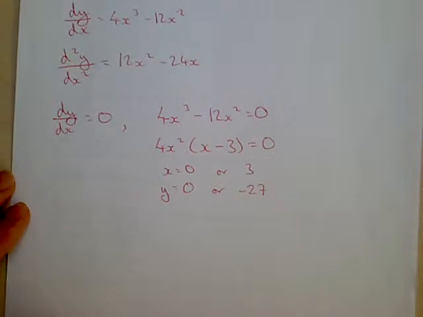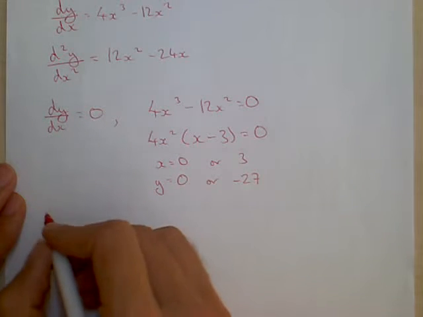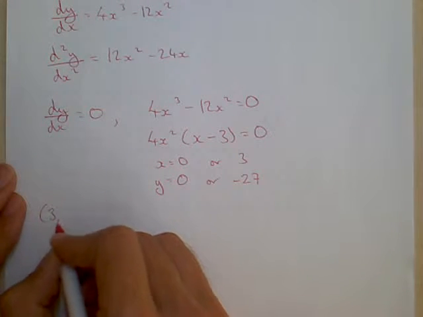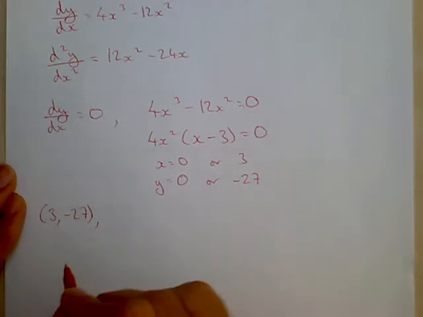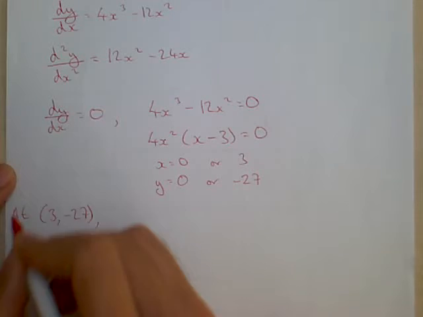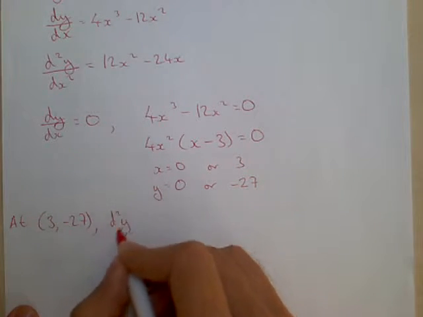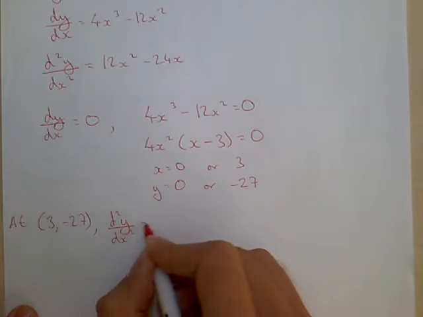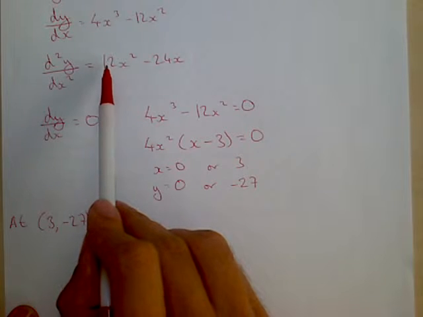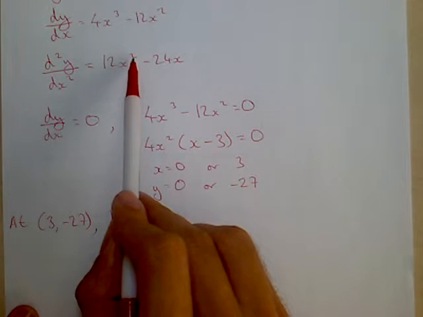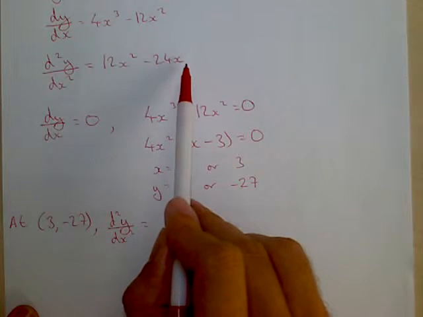So let's have a quick look at doing that. If we take the point 3, negative 27 first of all, at that point I can see that d2y by dx squared would be equal to, if I substitute 3 into this, 12 times 3 squared, so 12 times 9, minus 24 times 3.